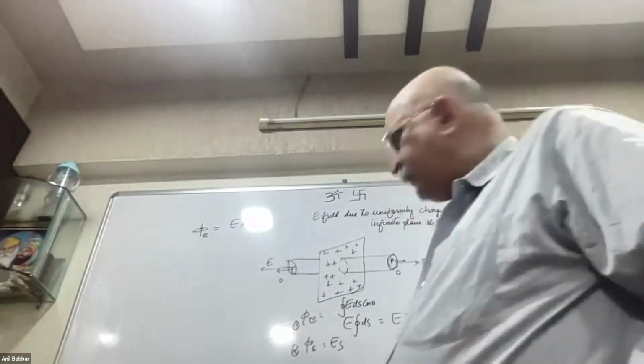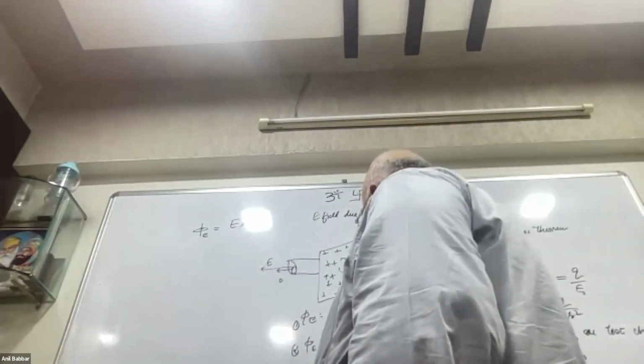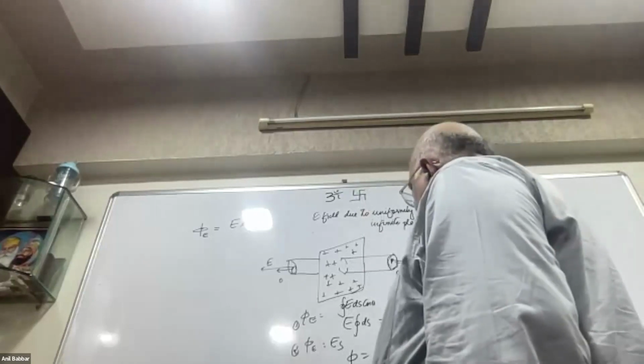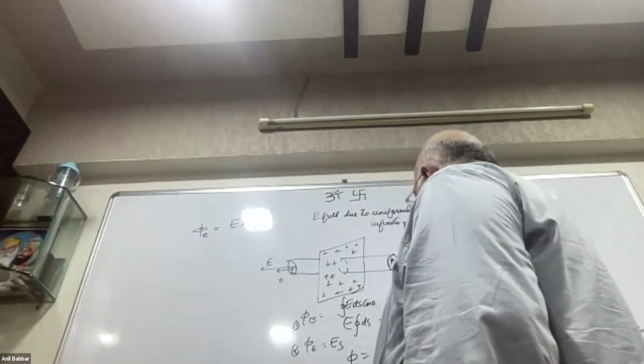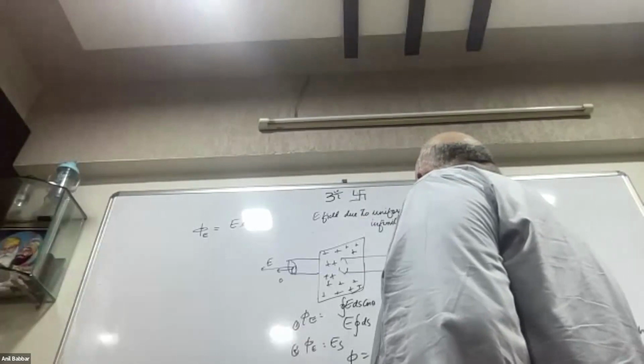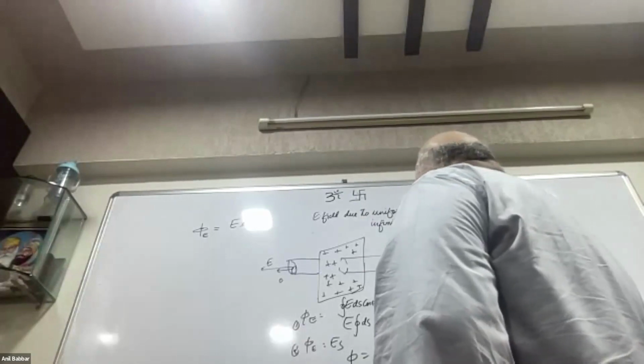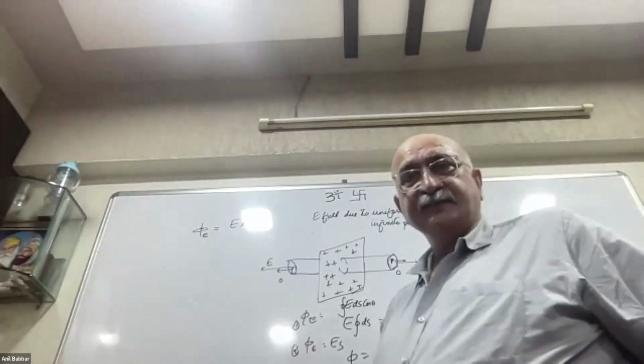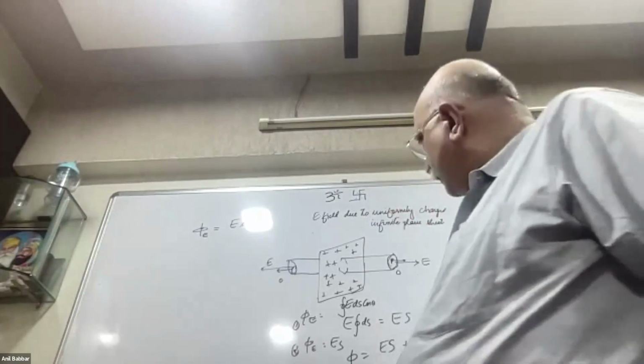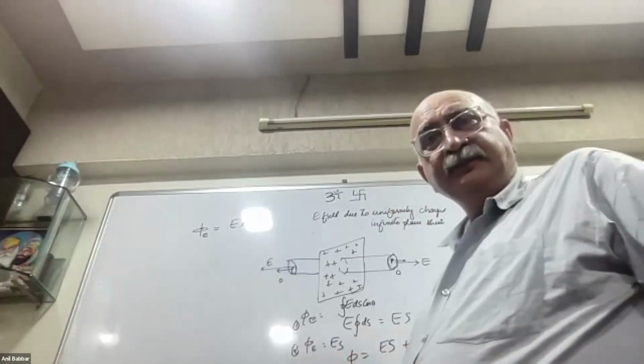Right? So total flux is addition of these two. This means ES plus ES, that is equal to 2 times ES.